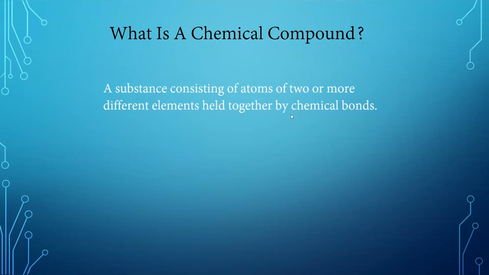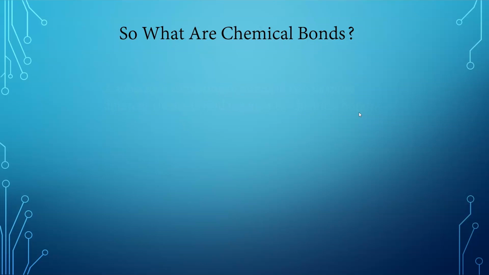And they're held together by what we call chemical bonds. So what the heck is a chemical bond? And that is the topic of these 2 chapters. In chapter 3, we're going to learn all about a type of bond called ionic bonds, and then in chapter 12 we will discuss what are known as covalent bonds.